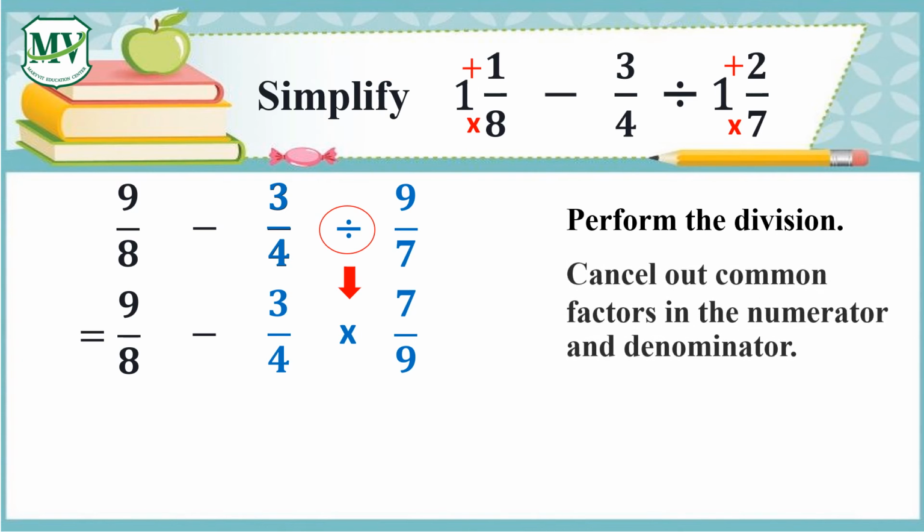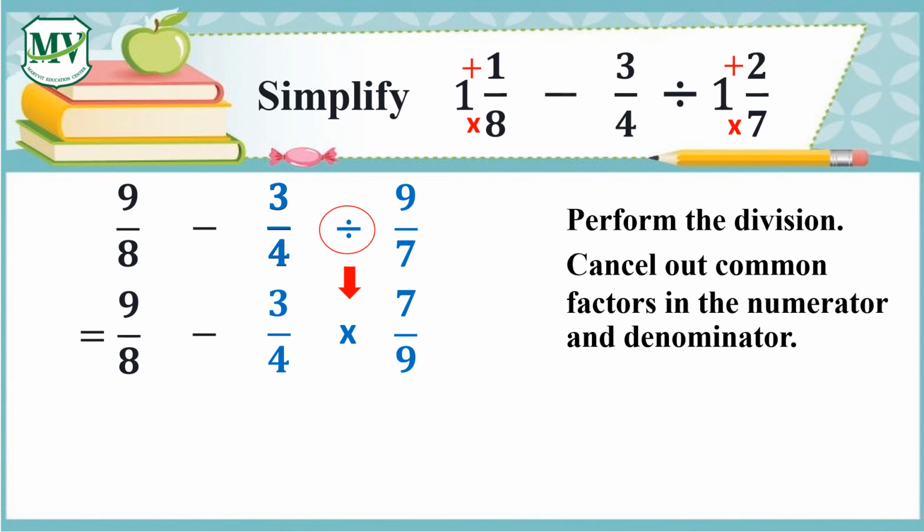Now, let's cancel out common factors in the numerator and denominator. 9 and 3 have common factors. 9 divided by 3 is equal to 3. 3 divided by 3 is equal to 1.